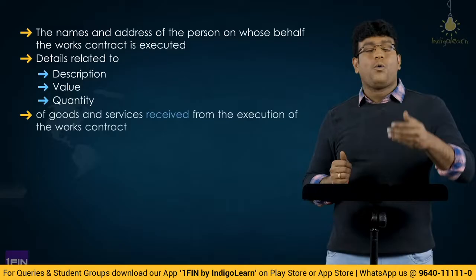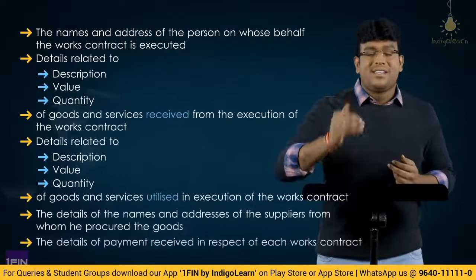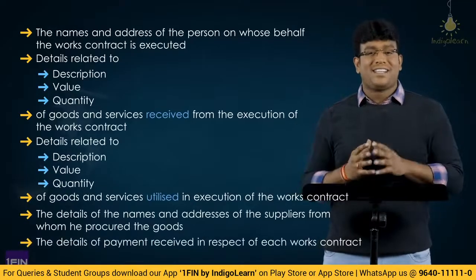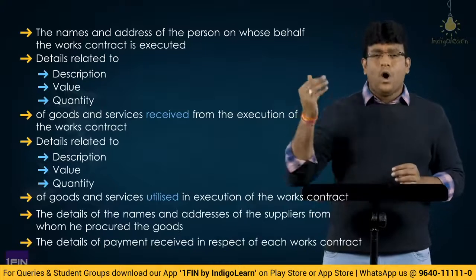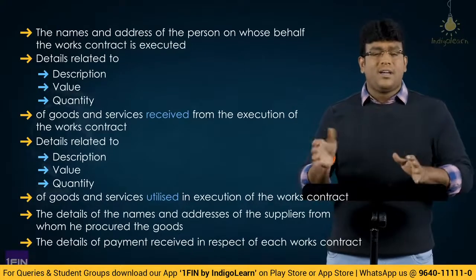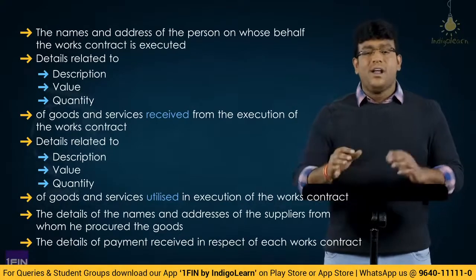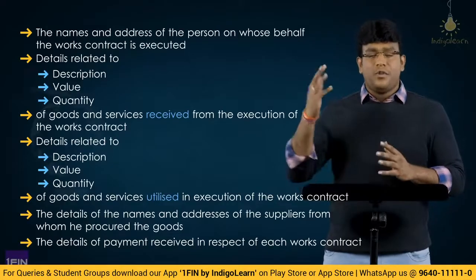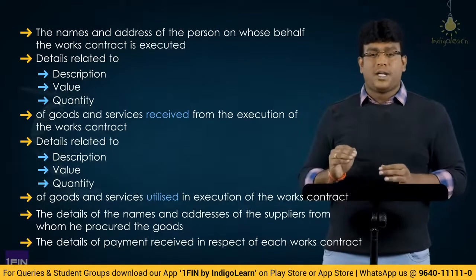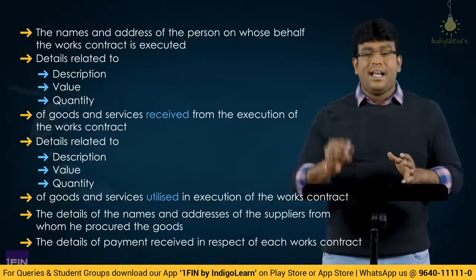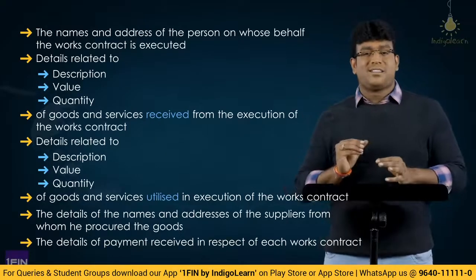So these are the various details or records which are required to be maintained by a person executing a works contract. Friends, please keep in mind all this information is not given in section 35 but it is given in Rule 56. Rule 56 talks about all these points with respect to what are the records to be maintained in each specific circumstance.